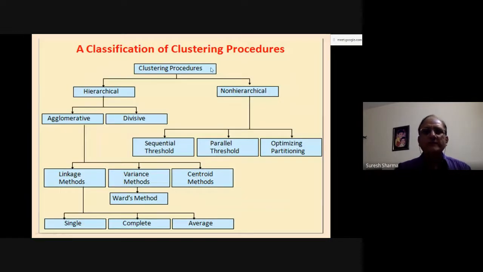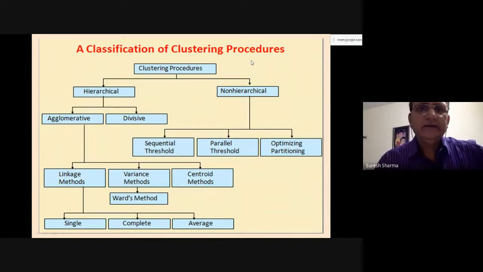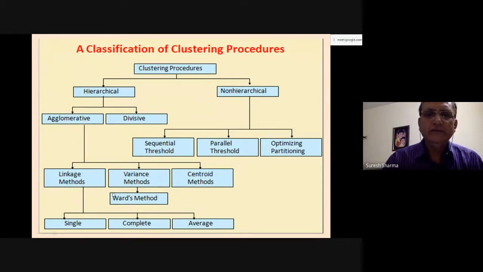So this is the entire clustering procedure: hierarchical clustering, then non-hierarchical clustering. First, we will apply hierarchical clustering, look at the dendrogram, and it will give you the approximate number of clusters possible. There are two types of methods which we generally use. One is called the centroid method.